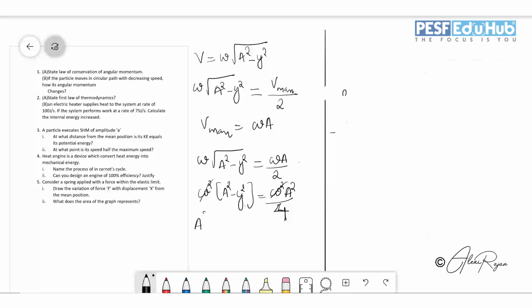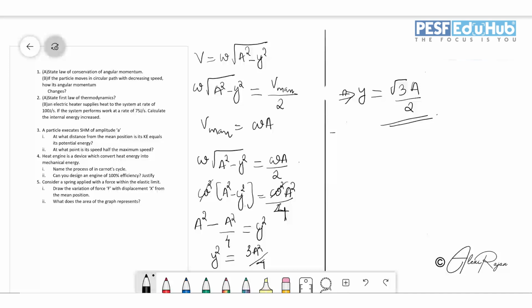So you will get a square minus a square by 4 equal to y square, that is y square is equal to 3a square by 4. That implies y is equal to root 3 a by 2. You just take the root and you will get root 3 a by 2.